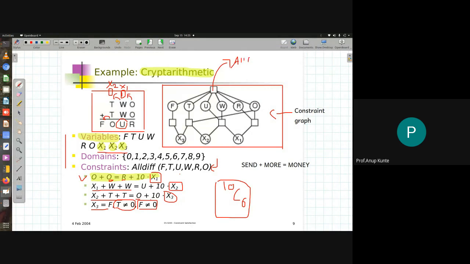The label is not in that box, but you can naturally see that this is the visualization of the all diff constraint. The constraint graph just provides a visualization to better understand your problem. And when you are solving the problem, it may give you a quick reality check whether a constraint is flawed or not.